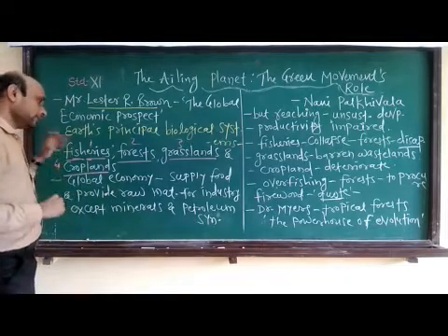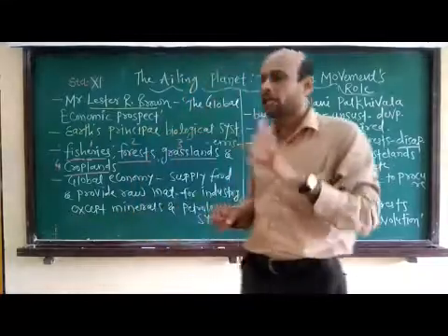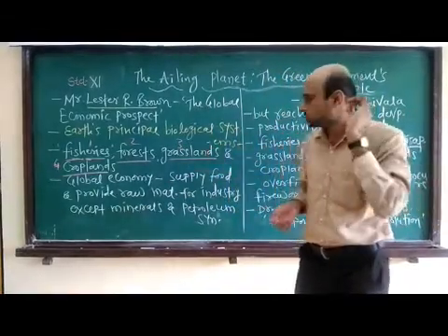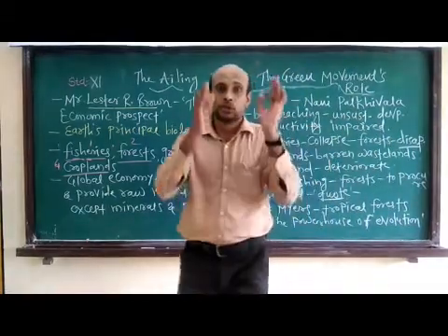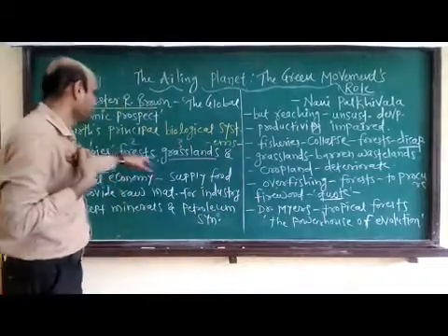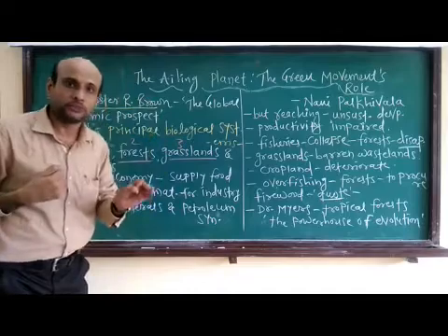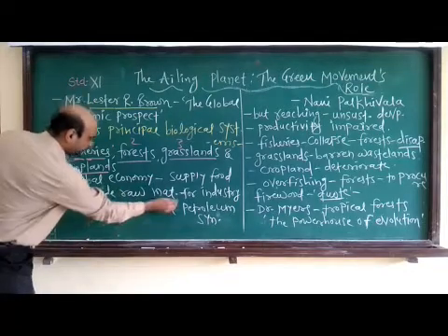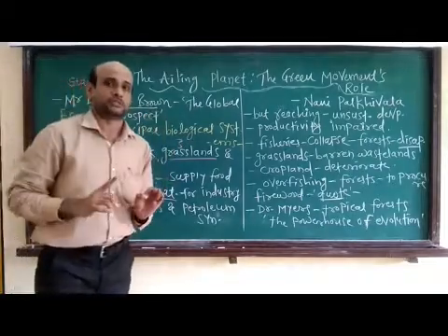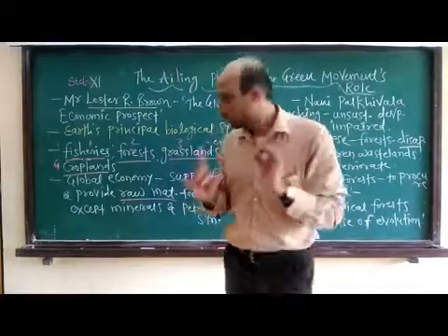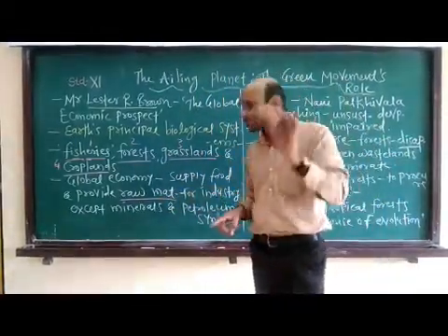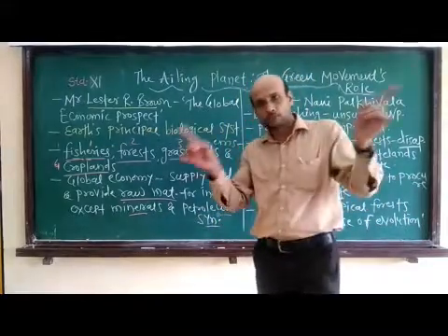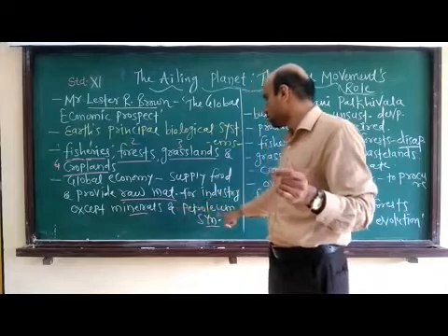And then he says that, in addition to supplying food, these four biological systems provide raw material, not only food. Fisheries, forests, grasslands, croplands not only provide food, but in addition they provide raw material which is needed for industries, excluding minerals and petroleum synthetics.